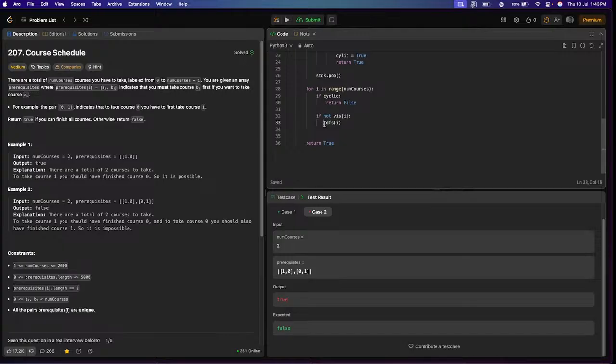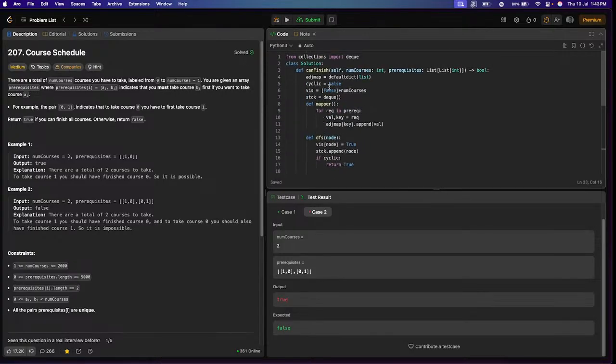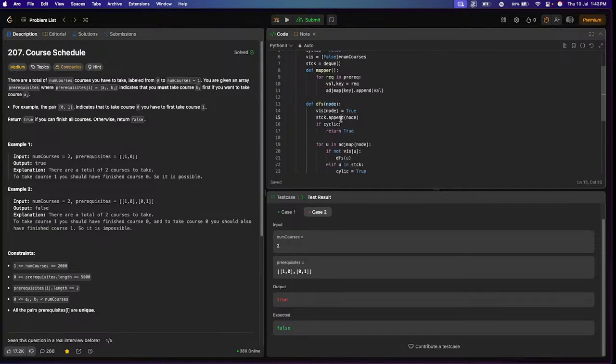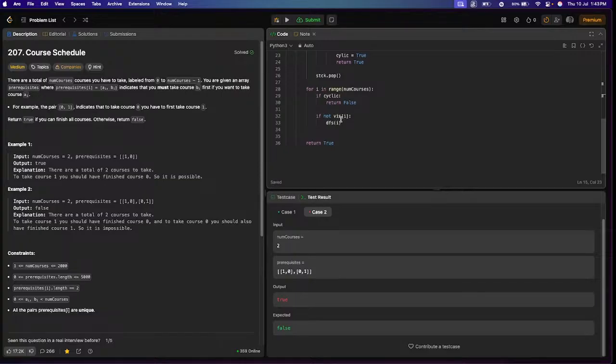What is that? So we'll start with 1, 0, 0, 1, right? That will essentially make 1, 0 and then 0, 1, and then you do DFS node. God damn, I wish I had a debugger. But hey, you can never go wrong with Visual Studio.